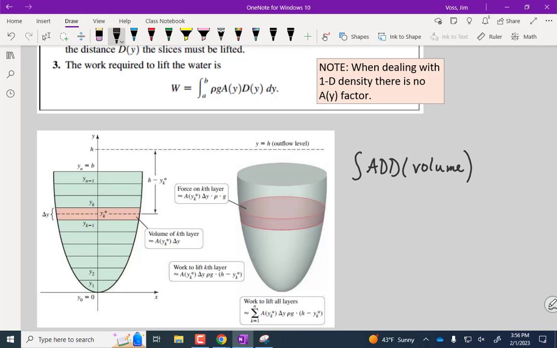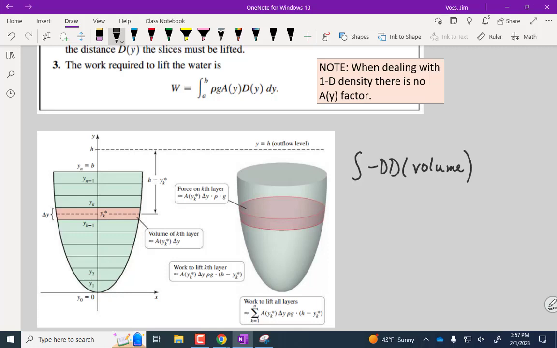There's acceleration. The rho is density. So it's density and then acceleration, and then area times distance gives you volume, and then dy gives you length. But if we look here, we do acceleration, density, depth, right there, or depth or distance traveled, you can think of that second D.